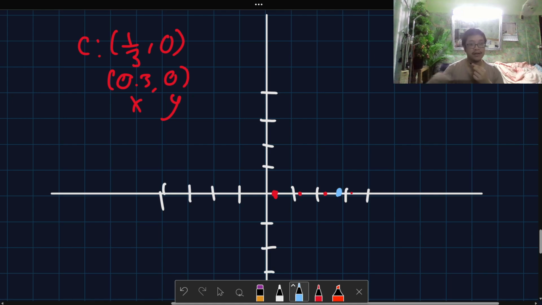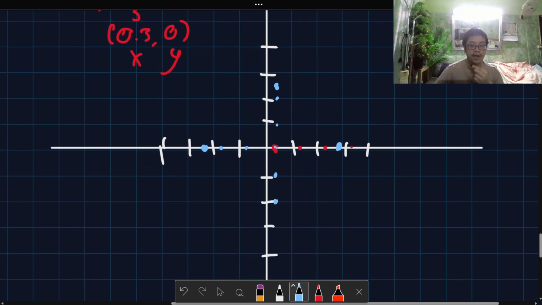Now let's go back to the center and move up: 0, 1, 2, then 0.5. So it's here. Let's do it to the left: 0, 1, 2, then 0.5. I think it's just here. And lastly, we go down: 0, 1, 2, then 0.5. So it's here. Then we will trace them.